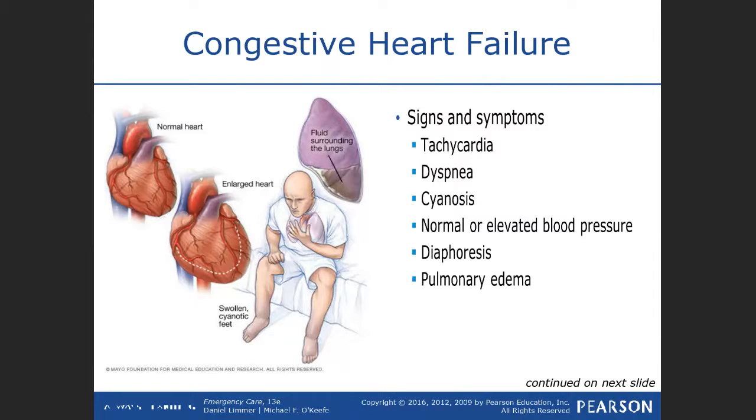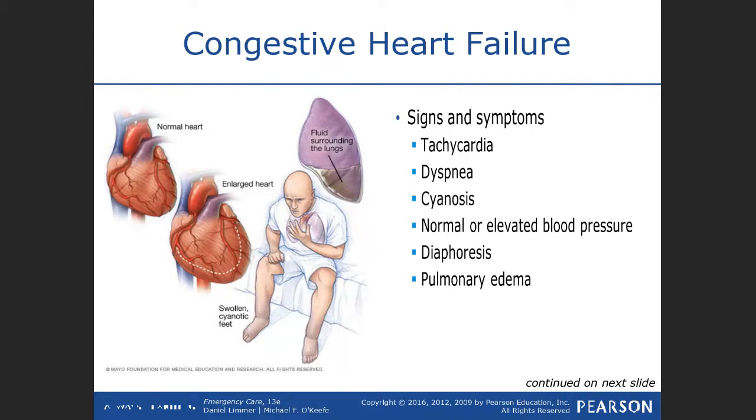Now, there's a number of different reasons why the heart doesn't pump adequately, most common of which is because it's just getting worn out. Probably one of the most common causes of congestive heart failure is uncontrolled hypertension. Think about the heart constantly beating against elevated pressure; it's going to get worn out.